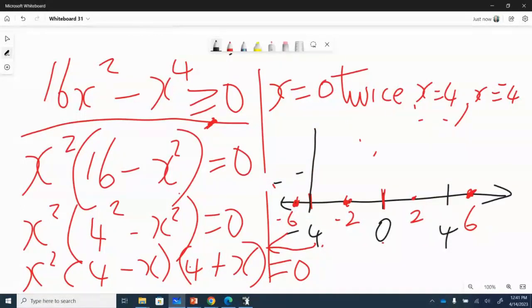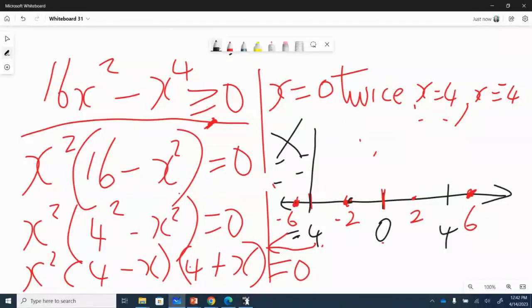And this section is negative, and it failed the test because -720 is not greater than 0. Do you understand why it failed the test? So that section from -infinity to -4 failed the test.